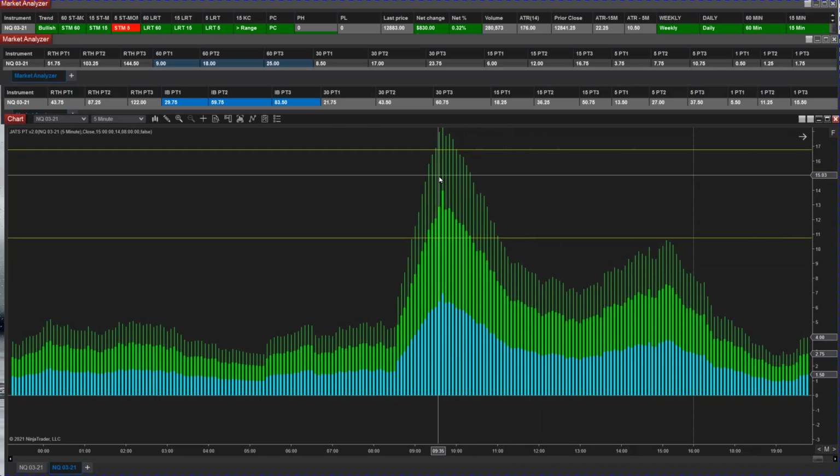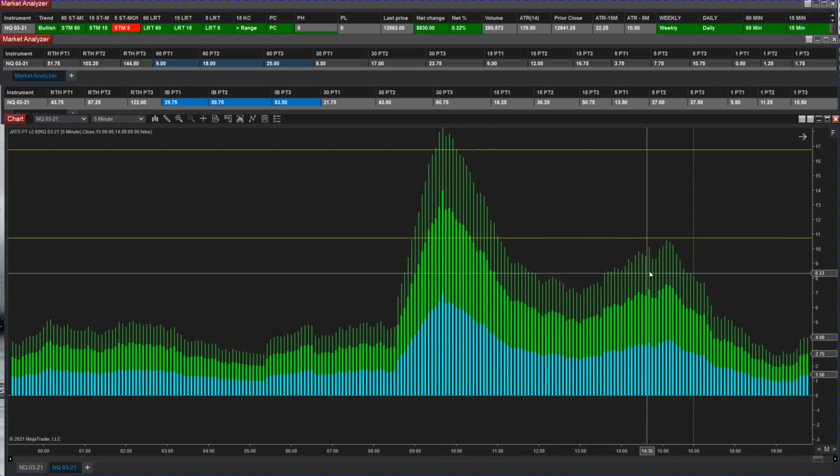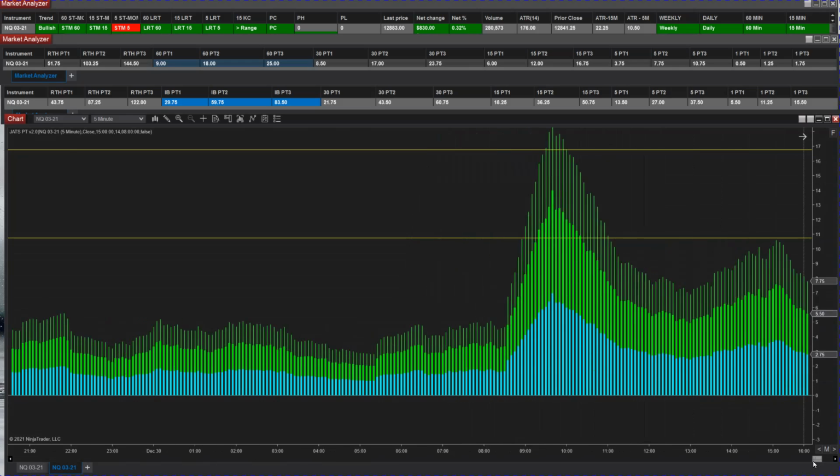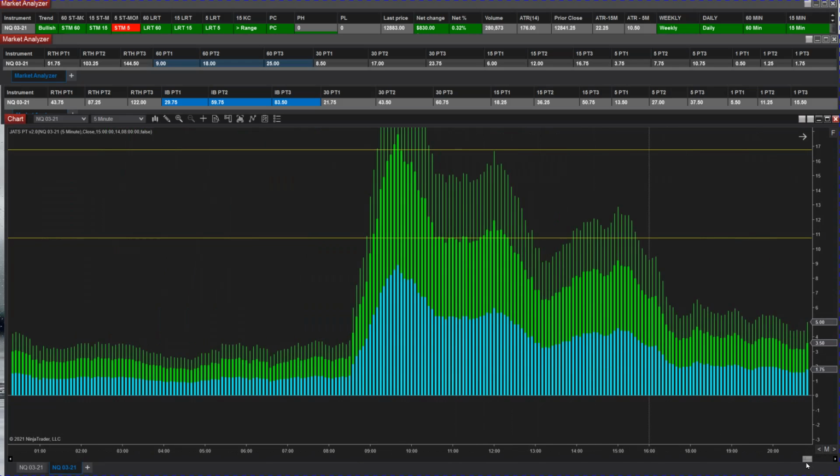Case in point, and then it pulls back, and if you got another range expansion, see it tried to get back up to the level. So we can do this dynamically on each trading session and customize it for these time periods that we're trading.